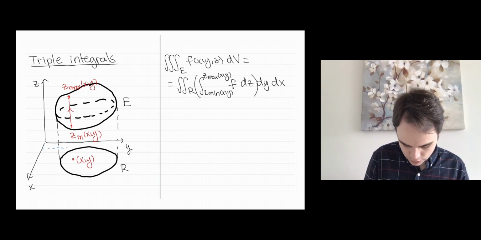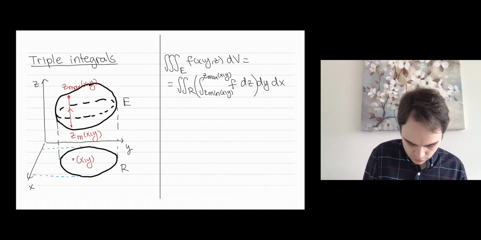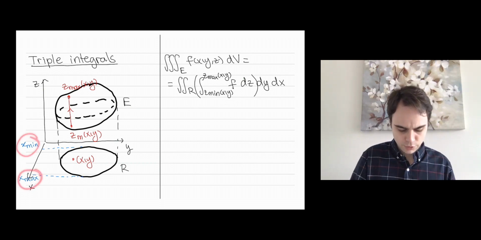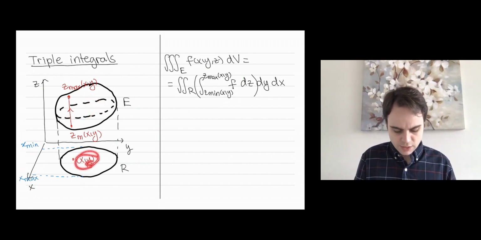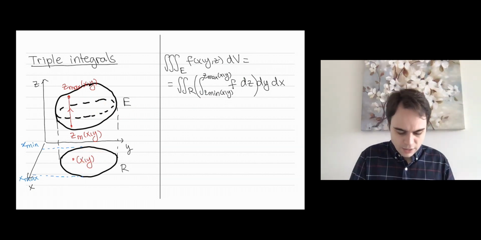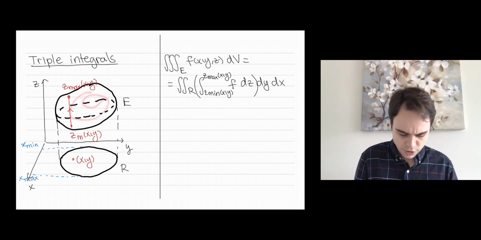So for example, I could just look at the minimum and maximum values of the x coordinate on the whole region. So that's the same as the minimum and maximum x coordinates in the projection, because the points x comma y that you get in the projection come from points in the region.